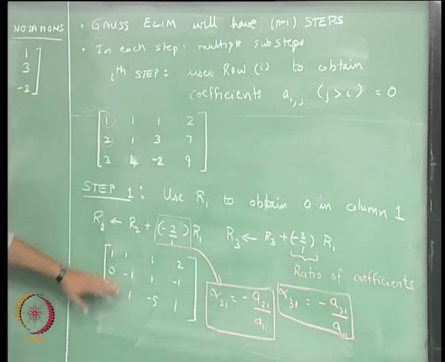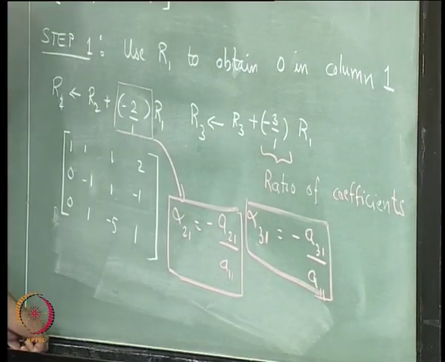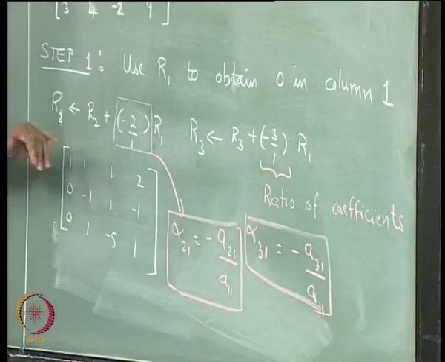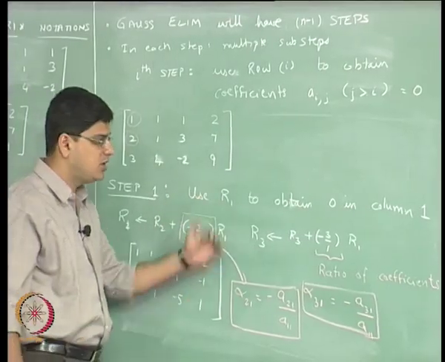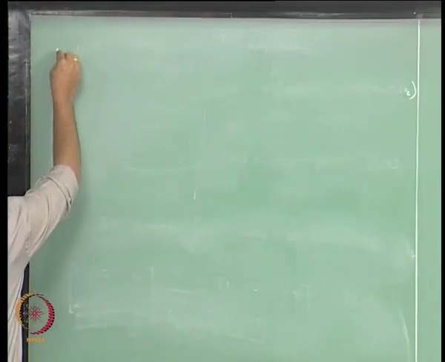Okay. So this is what we did as step 1. In step 1 we used row 1 in order to make zeros in all the first column below the first row.